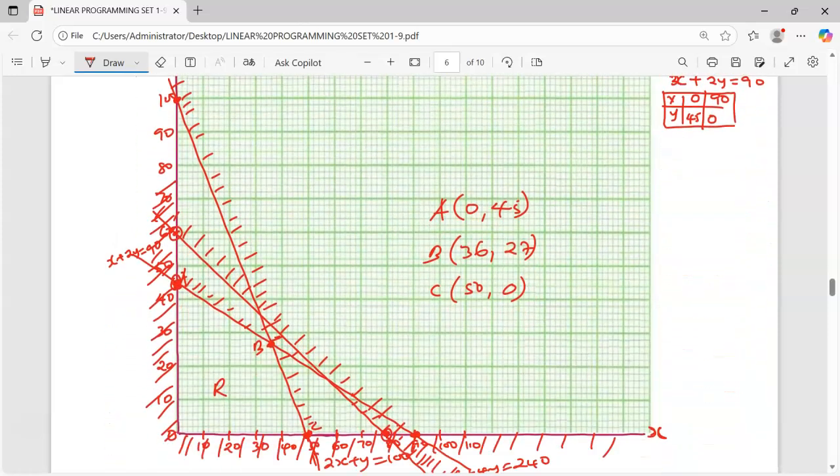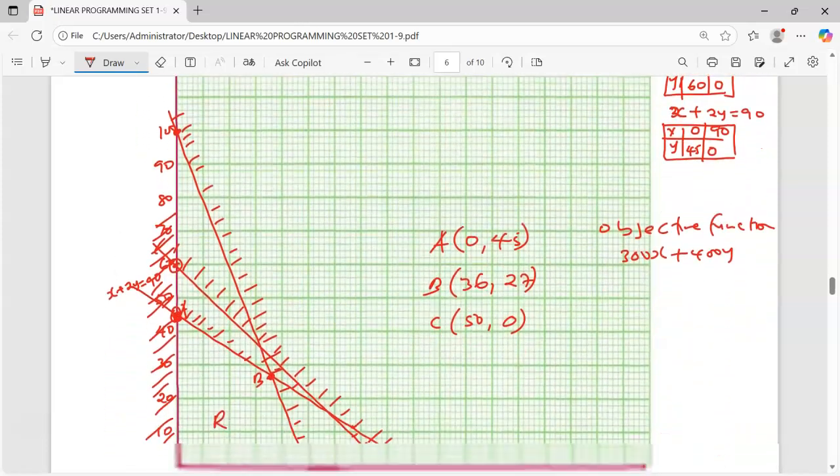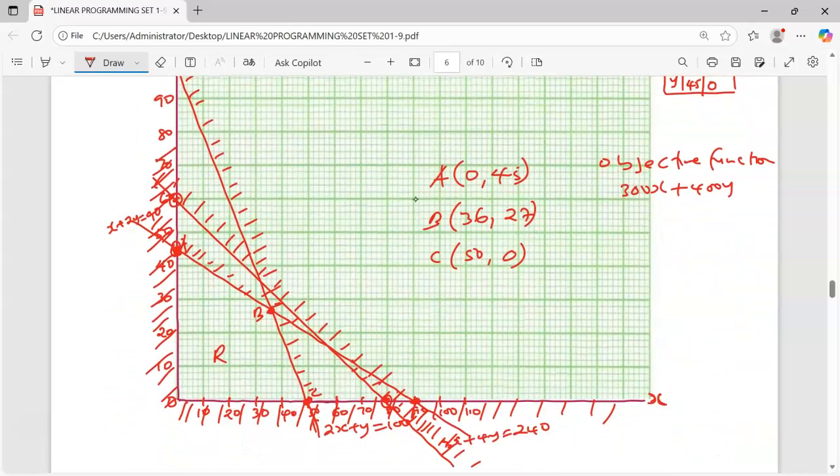That gives our objective function, and the objective function is going to be 300x plus 400y, and the points that are going to give us the maximum profit will be the units that we have at P, where x is going to be 36 units and y will be 27 units. That gives us the solution to that.